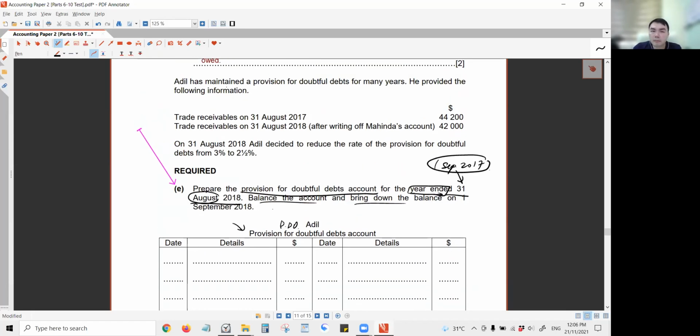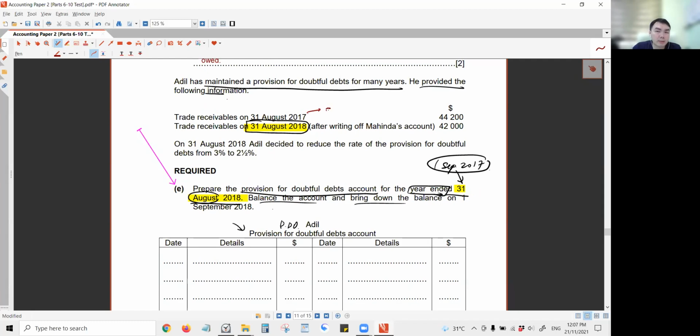So let's see how to do. Adil has maintained a provision for doubtful debts for many years. Provide following info. I see that this is the year end. And you agree this is the previous year end? Previous year's year end? Yes, right? Sometimes they use the previous year's year end to indicate beginning of the year.